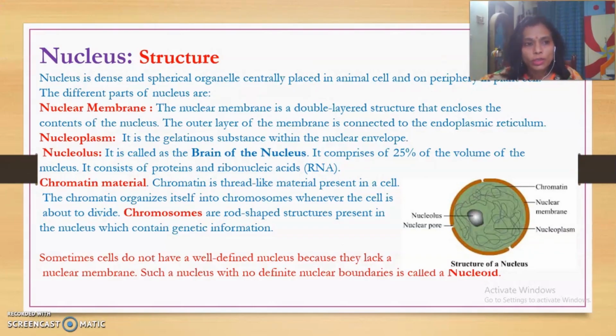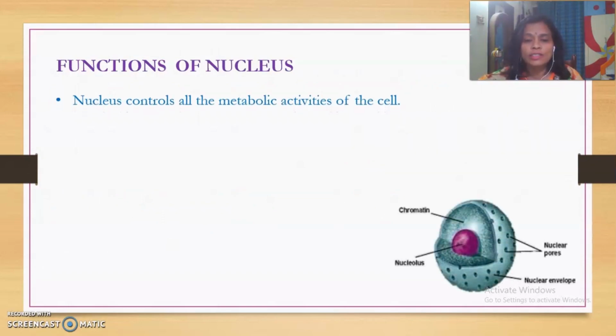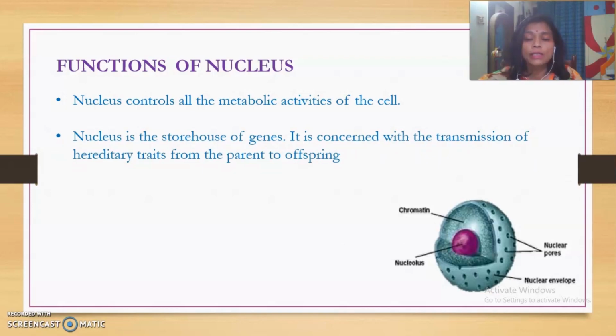Next we move on to the function of the nucleus. As I told you, nucleus is a controlling unit. So the first function is that it controls all the metabolic activities of the cell. Next, since it has the chromatin material, it is also responsible for the transmission of hereditary information from parents to offspring.